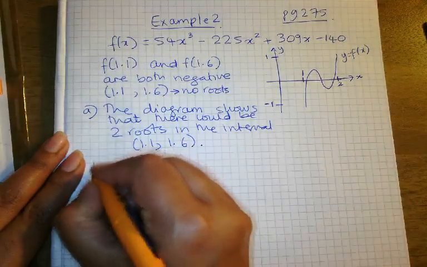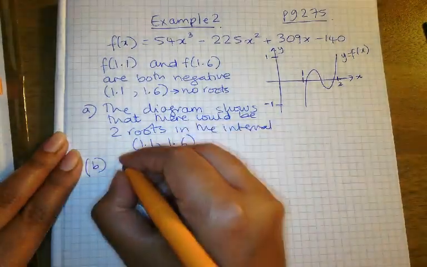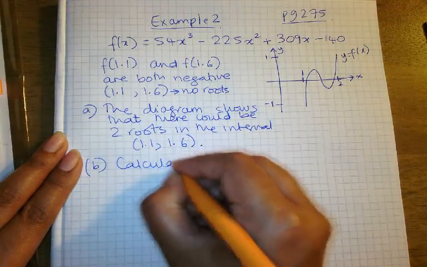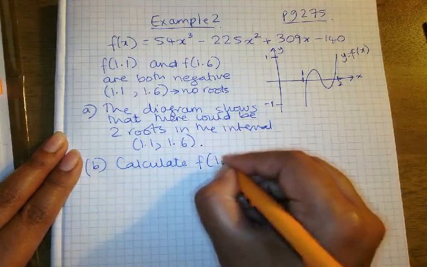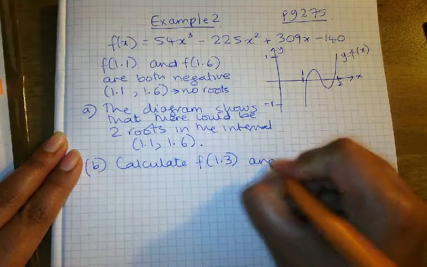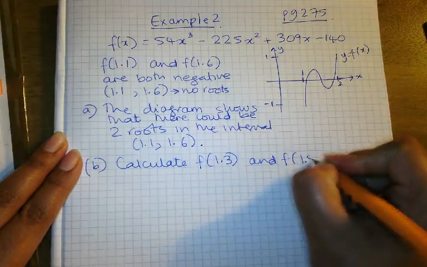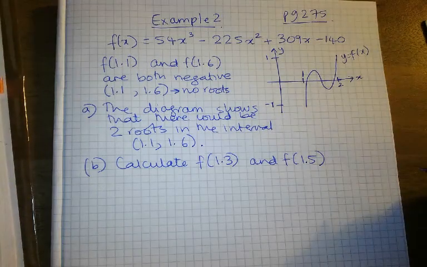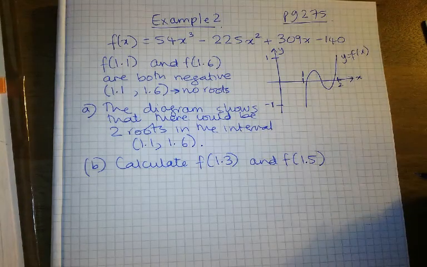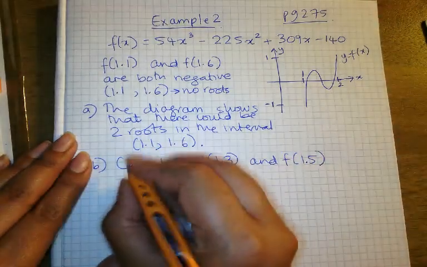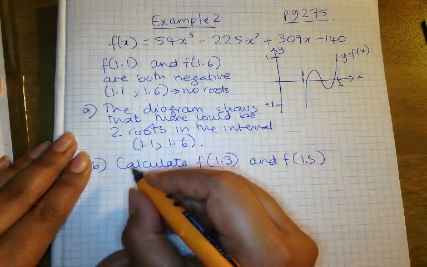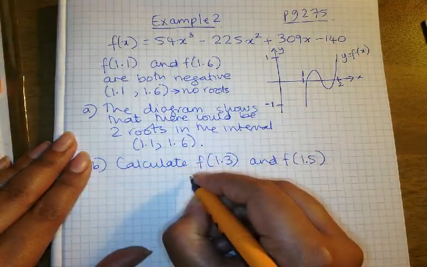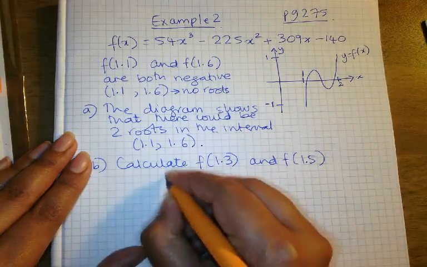Part B, the question says calculate f of 1.3 and f of 1.5 and use your answer to explain why there are at least three roots. So we need to explain that there are at least three roots in this interval 1.1 to 1.7.